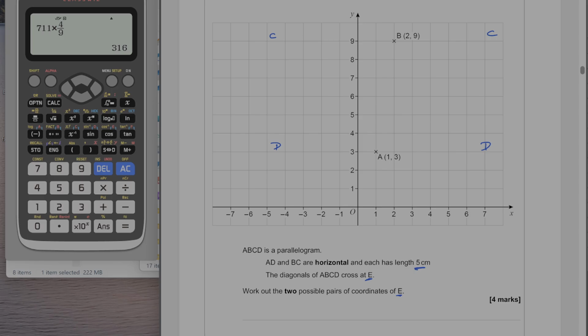Okay, so yeah, let's actually put where they would be on. Horizontal, and each have a length of 5. So if we could just go, that could be there, and 2, 4, 5 could be there, and then 2, 4, 5 could be there, or could be 2, 4, 5 could be there.